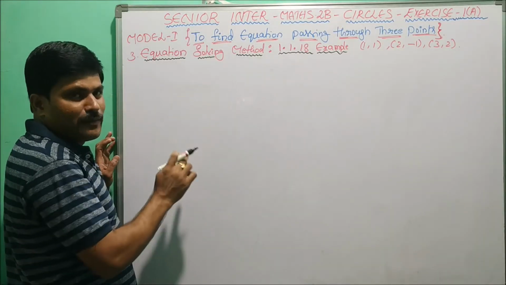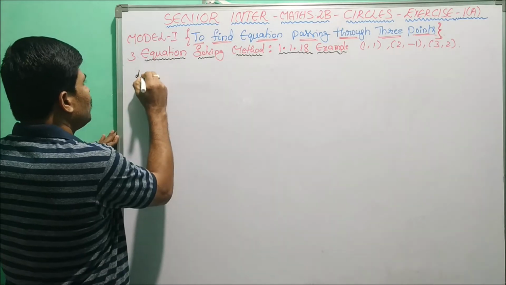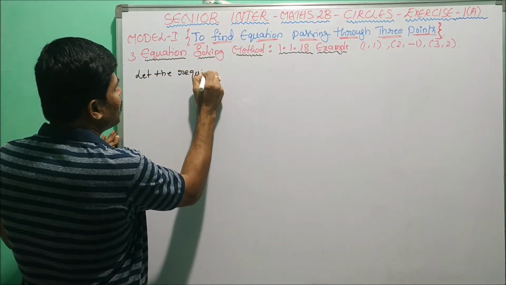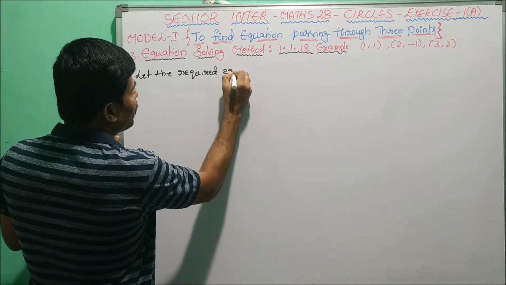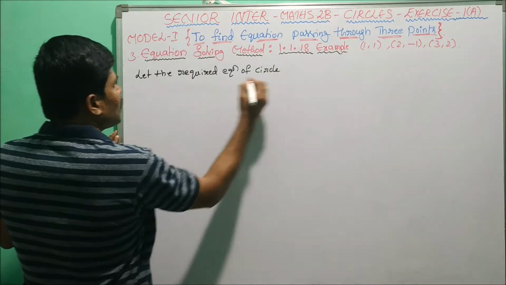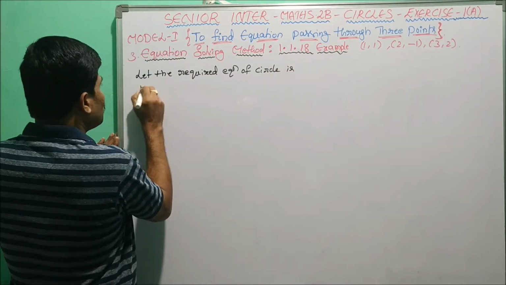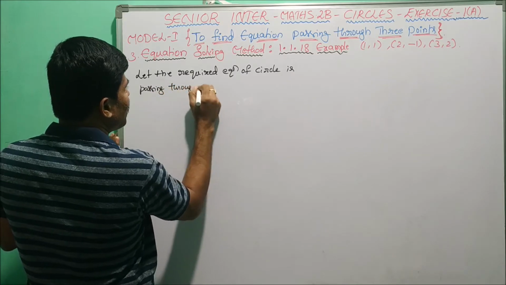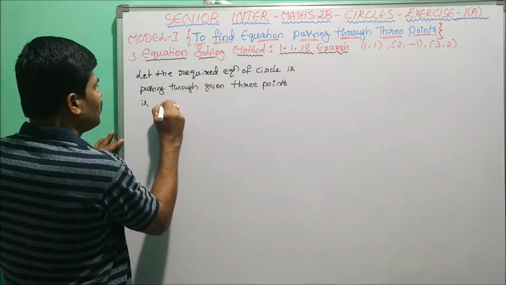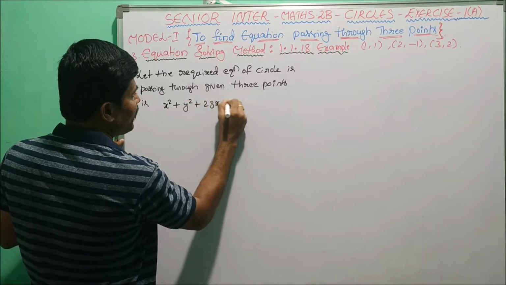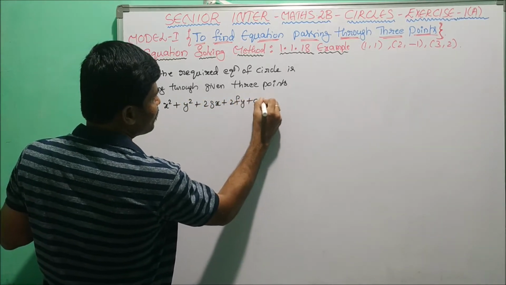Now let us discuss the problem. First of all, let the required equation of the circle passing through the given 3 points be x square plus y square plus 2gx plus 2fy plus c equals 0.